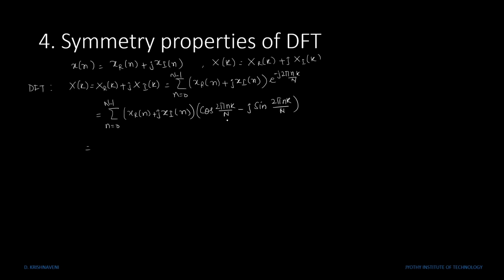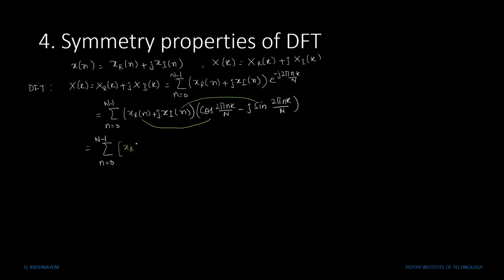Now we will multiply and split the real and imaginary parts. xr of n multiplied with cos theta, and j xi of n multiplied with minus j sin 2 pi nk by N, we will get the real parts.